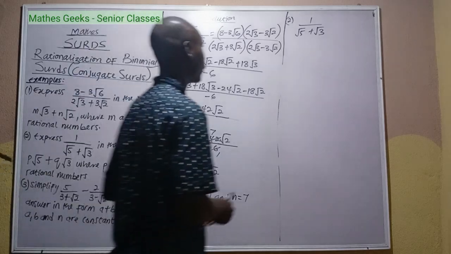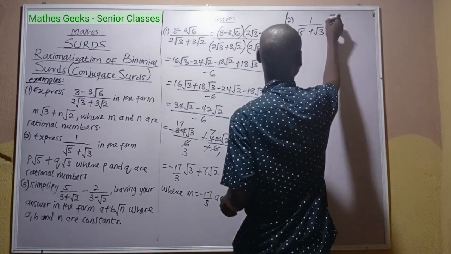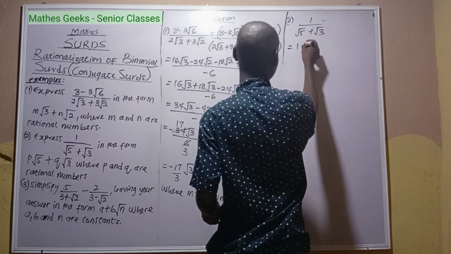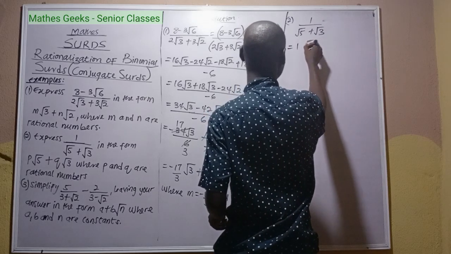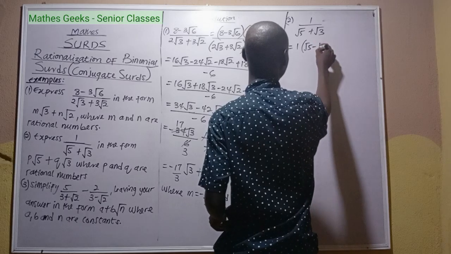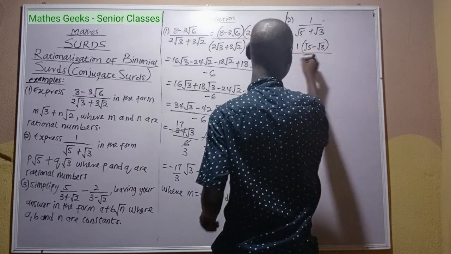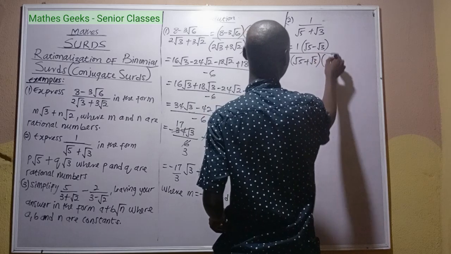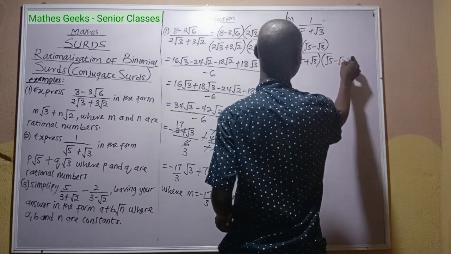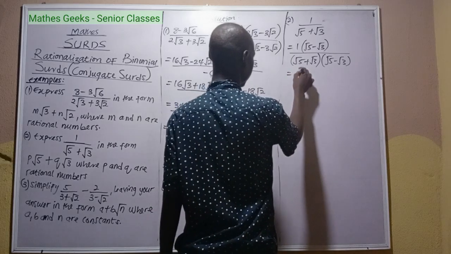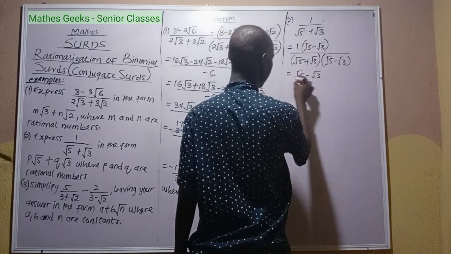So let's simplify this. We're going to do this by, okay, let's see. The conjugate of this would be 1 times root 5 minus root 3, and this will be root 5 plus root 3 times root 5 minus root 3. And here is root 5 minus root 3.